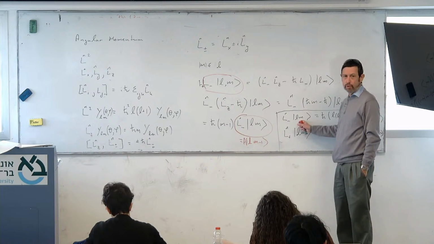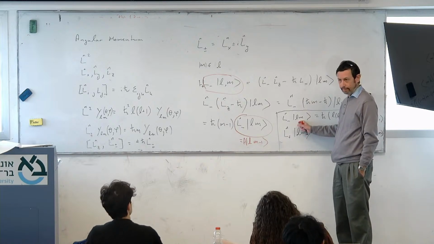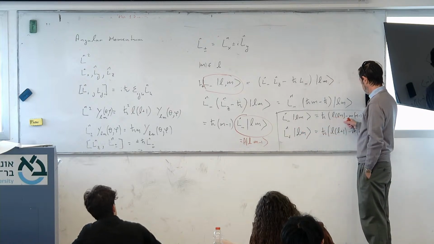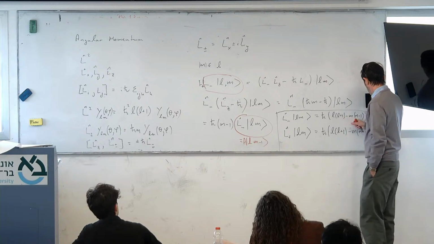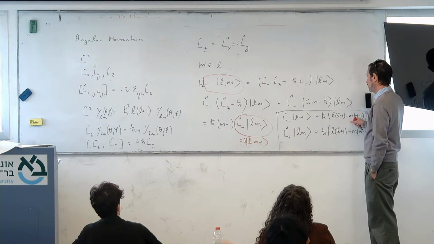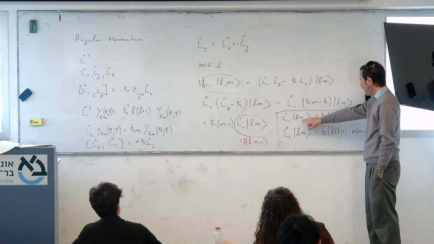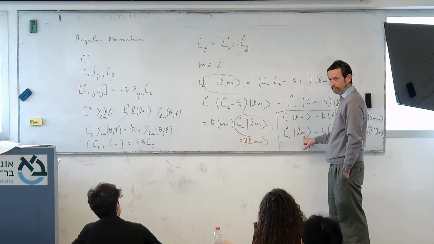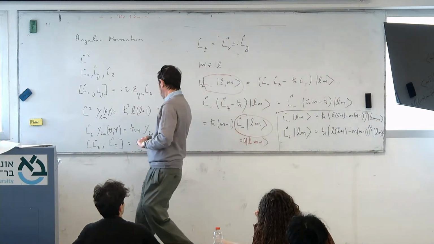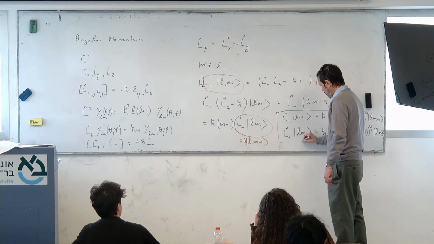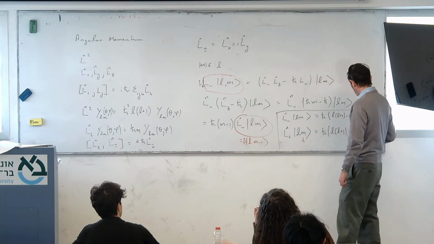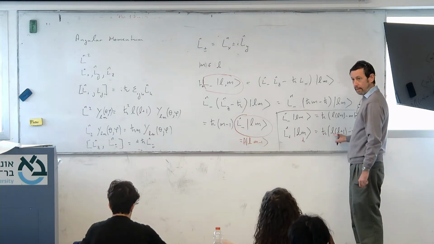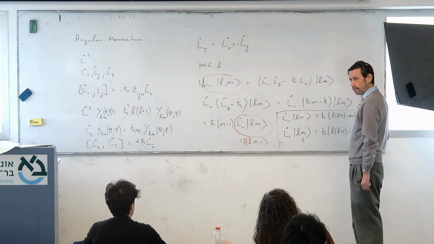Okay, if m is equal to L, so I get here L times (L plus 1), L times (L plus 1), so it's 0.